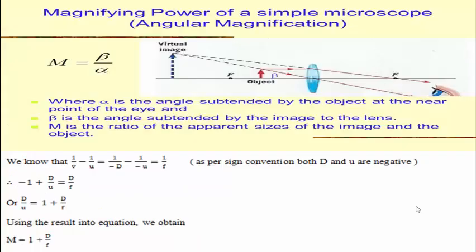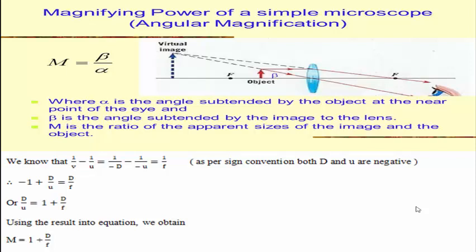Magnifying power of a simple microscope is also called angular magnification, where m is equal to beta divided by alpha, where alpha is the angle subtended by the object at the near point of the eye and beta is the angle subtended by the image at the lens, where m is the ratio of the apparent sizes of the image and the object.